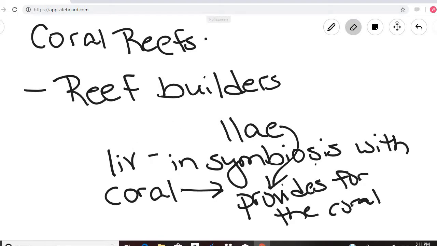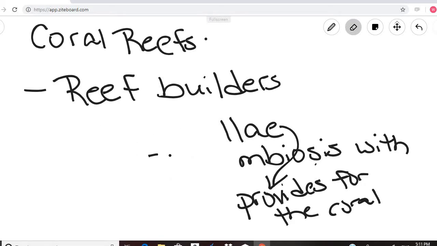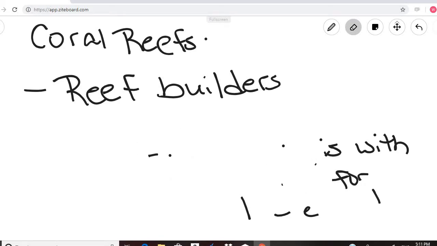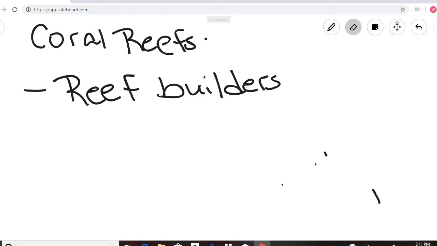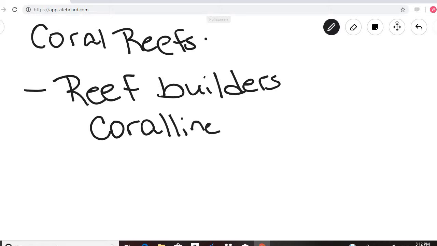Coral, the zooxanthellae, and then another one that is involved in reef building is algae. And there's a particular type of algae that is called coralline algae.